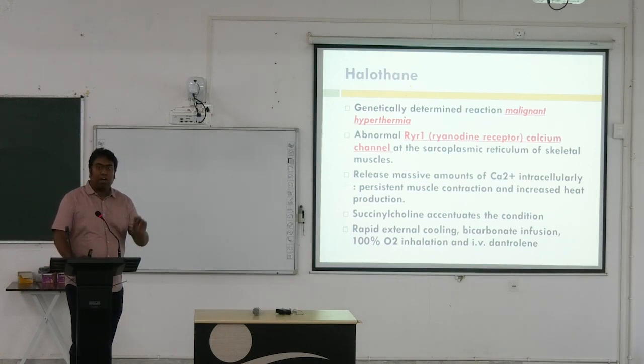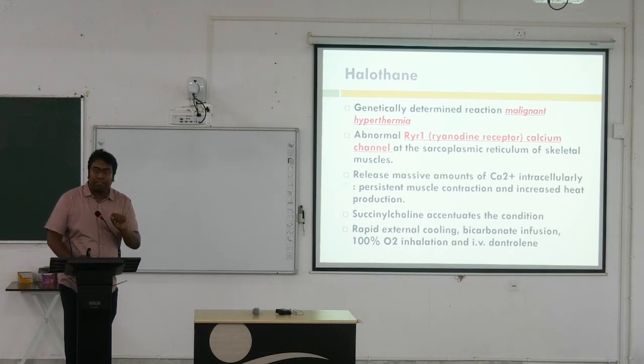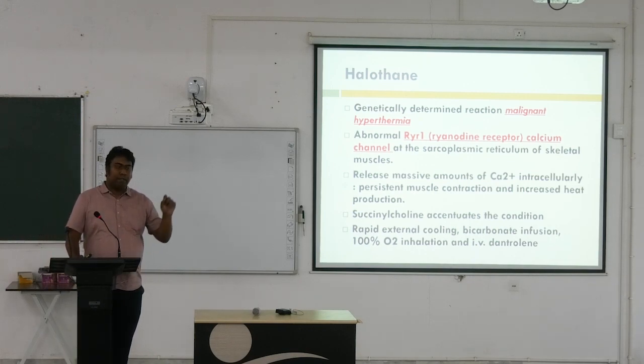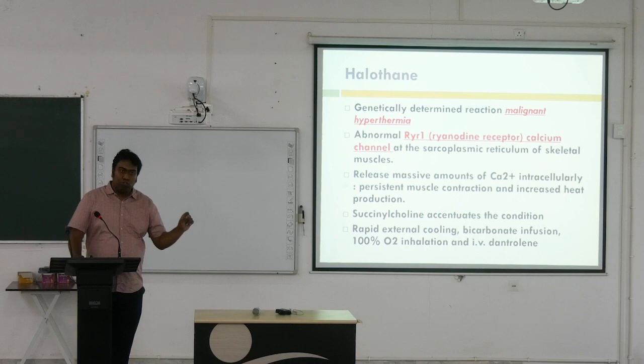If a short note on malignant hyperthermia comes, what should you write? Causative drugs: halothane, succinylcholine, especially when both are used simultaneously. Mechanism of action: due to the ryanodine type of calcium channel.